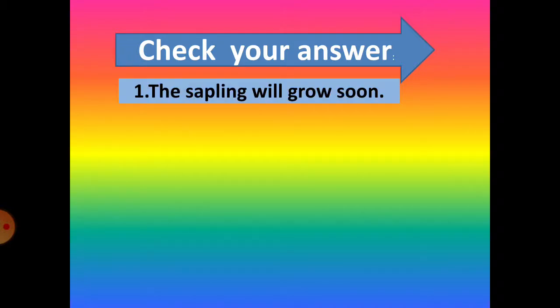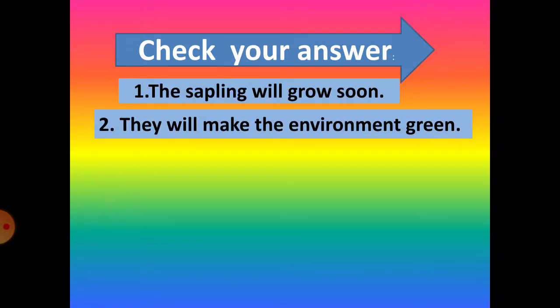Then check the second sentence. They will make the environment green. What kind of structure is it? Is it structure 1 or 2? Obviously 1. Why? Subject they, then auxiliary will, then verb 1 make, then the extension.